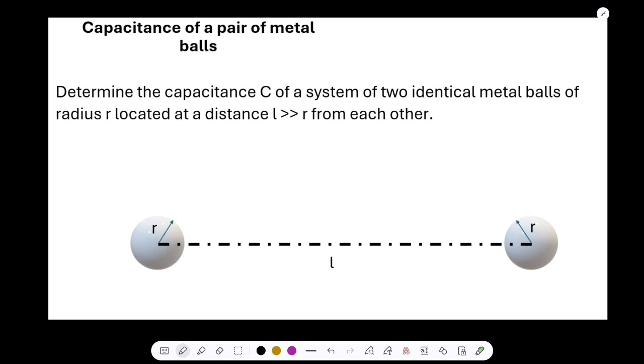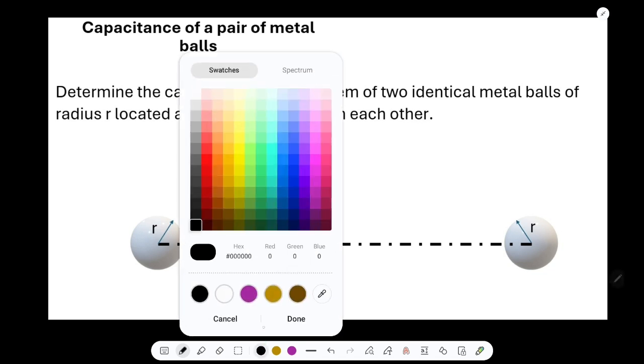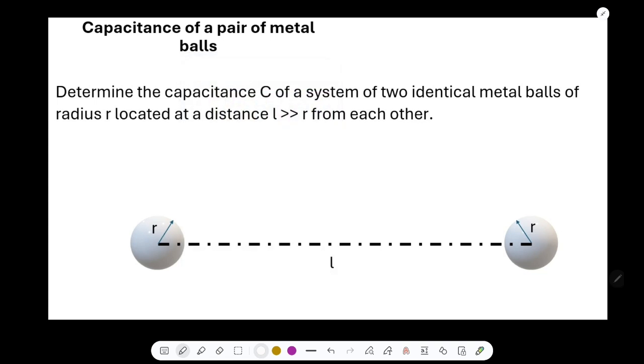First, let us provide the charges to the balls, identical charges but opposite in sign. Suppose we provide a charge plus q to the left ball and minus q to the right ball.